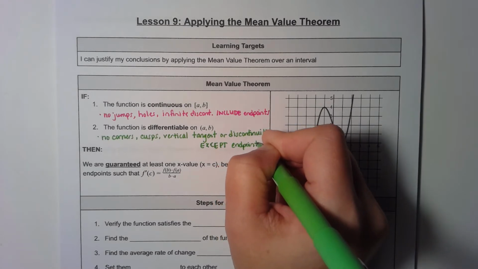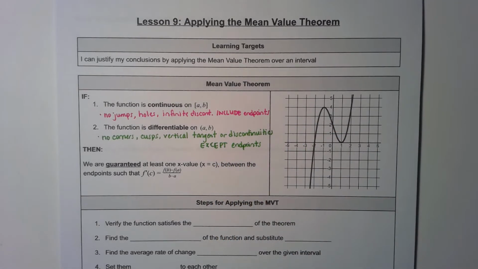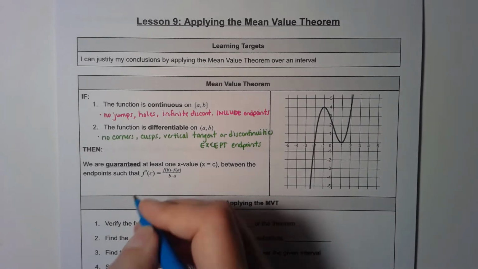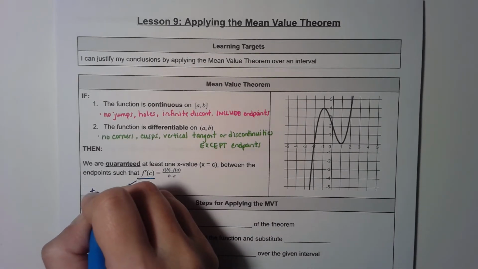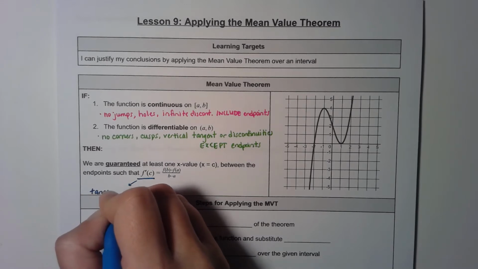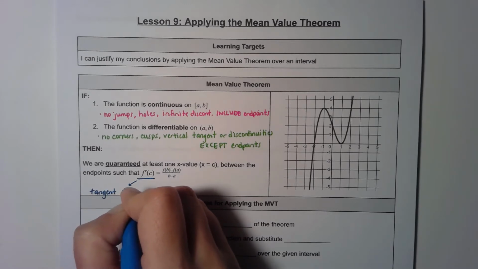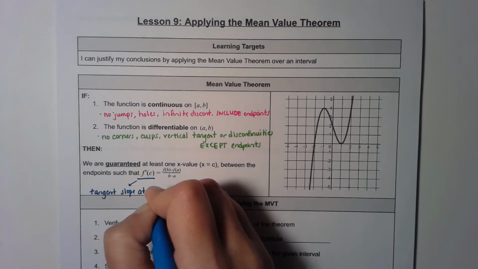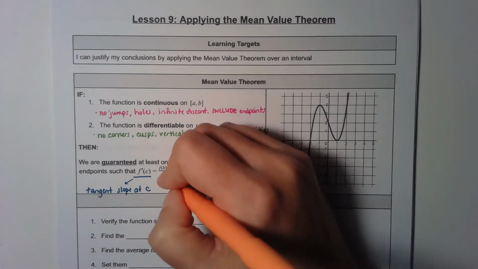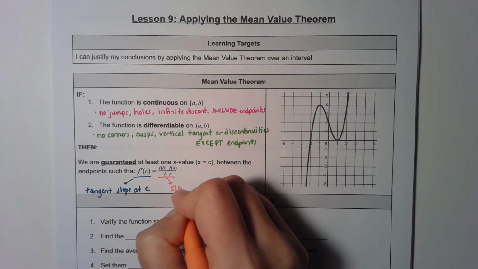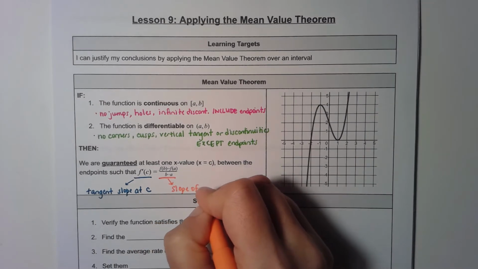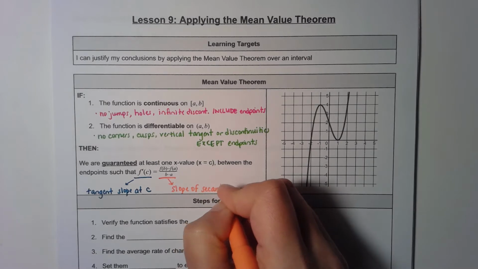And if we meet both of those conditions, we get to say this really cool thing, which says that the slope of the tangent line at c, some value, has to be equal to the slope of the secant line between the endpoints.